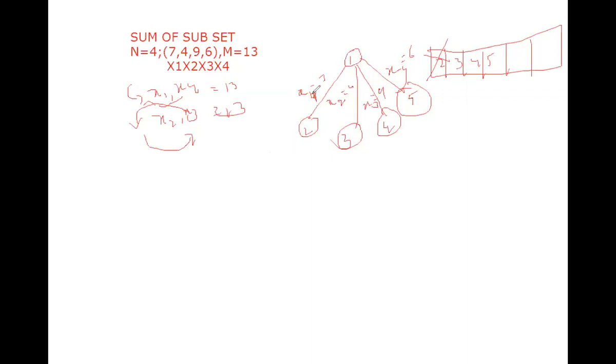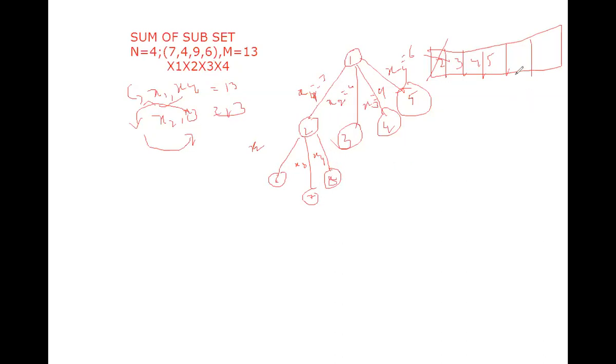So I already considered x1, then I consider x2, then x3, next x4. These nodes are 6, 7 and 8.